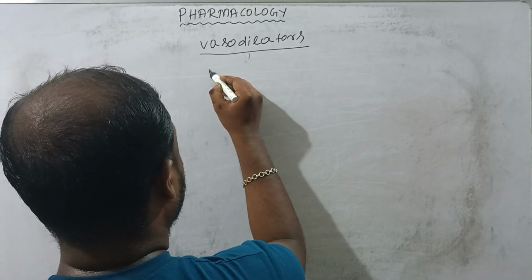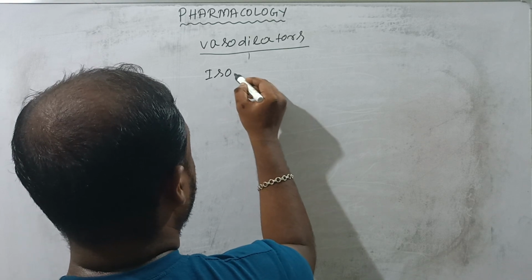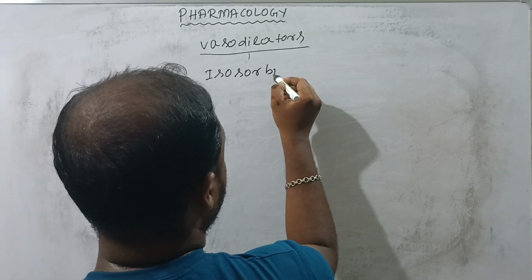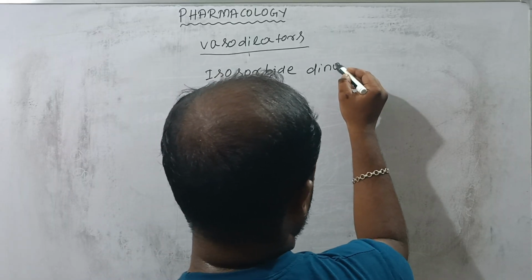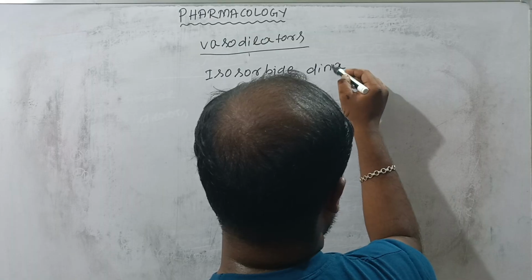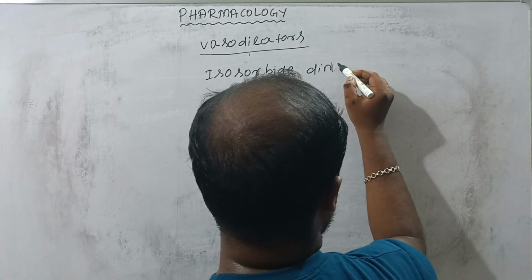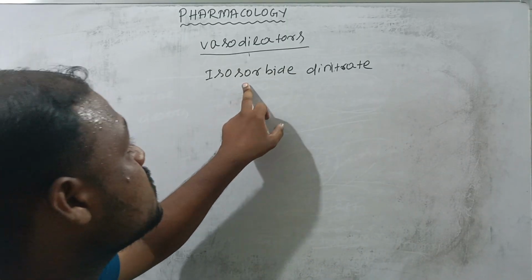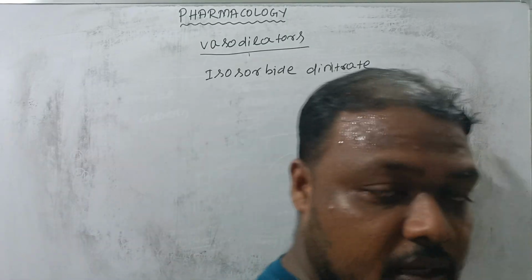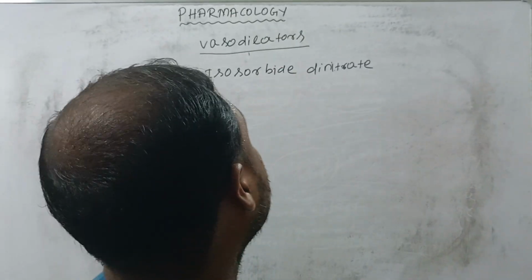First one is isosorbide dinitrate. Clear? That is a vasodilator.